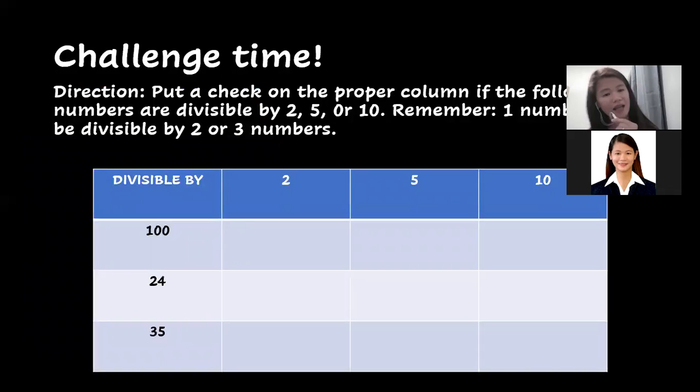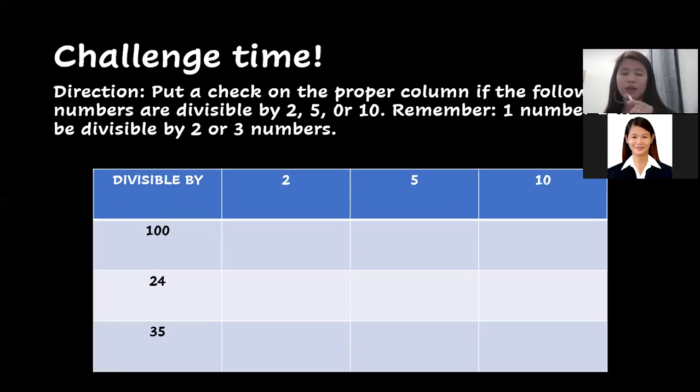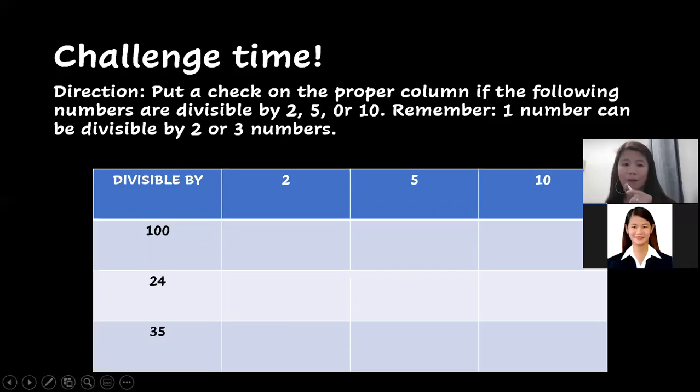So, challenge time. Direction: Put a check on the proper column if the following numbers are divisible by 2, 5, or 10. Remember, one number can be divisible by 2 or 3 numbers.